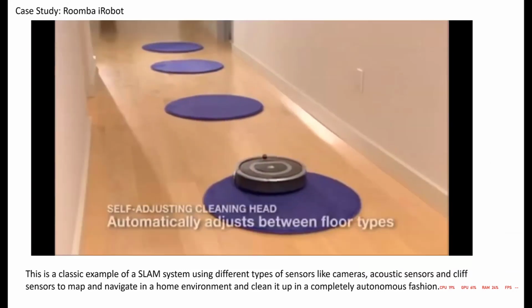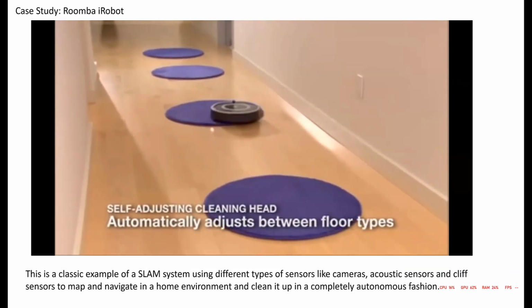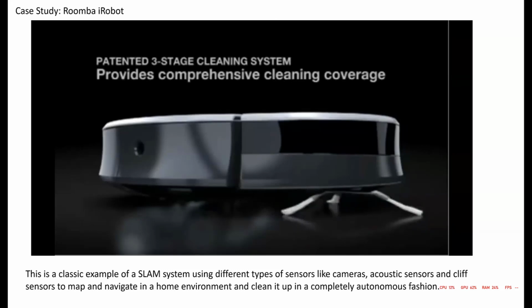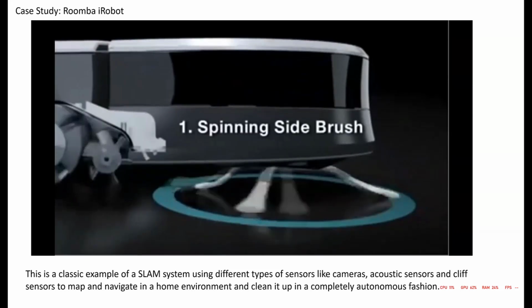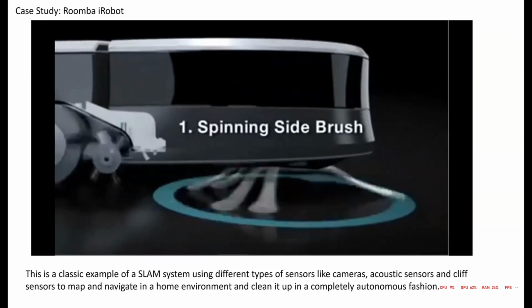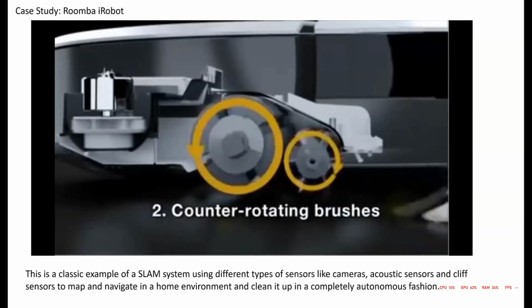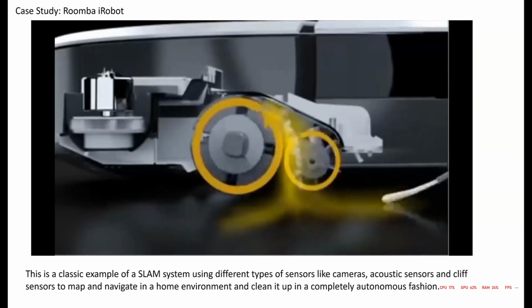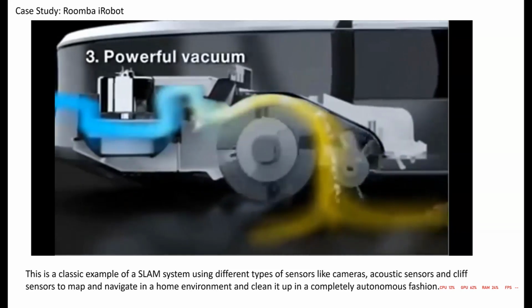The robot automatically self-adjusts to different floor surfaces as it moves through your home. Roomba's patented 3-stage cleaning system provides comprehensive cleaning coverage. First, the spinning side brush cleans along wall edges. Next, 2 counter-rotating brushes scoop up dirt, hair, and debris. Finally, a powerful vacuum pulls it all into the bin, where the filter traps dust and other fine particles.